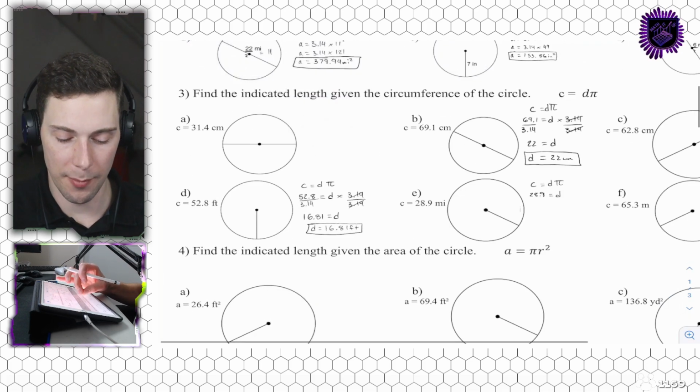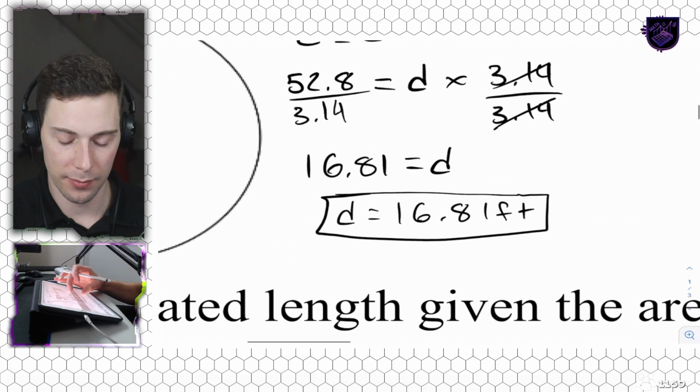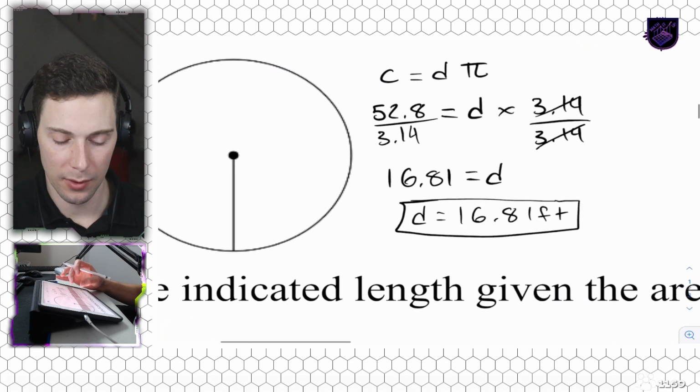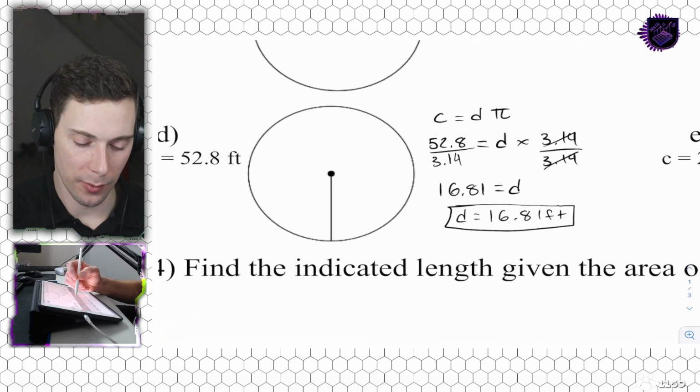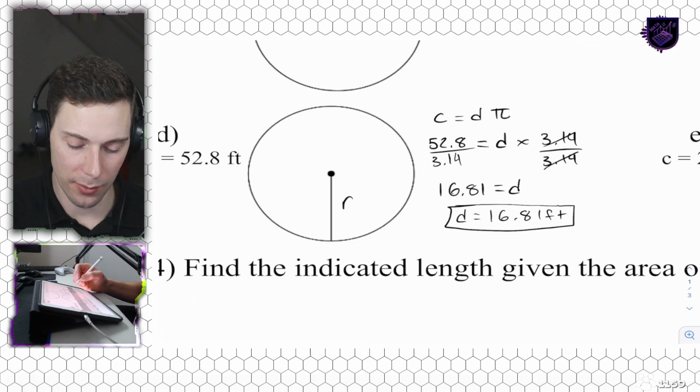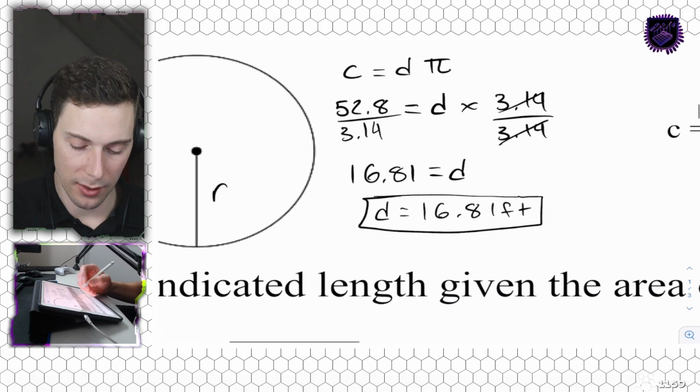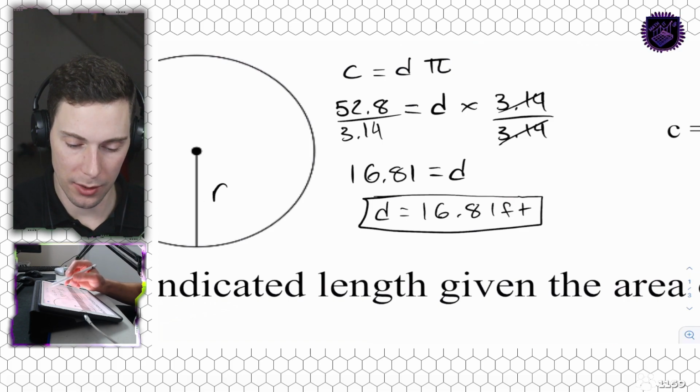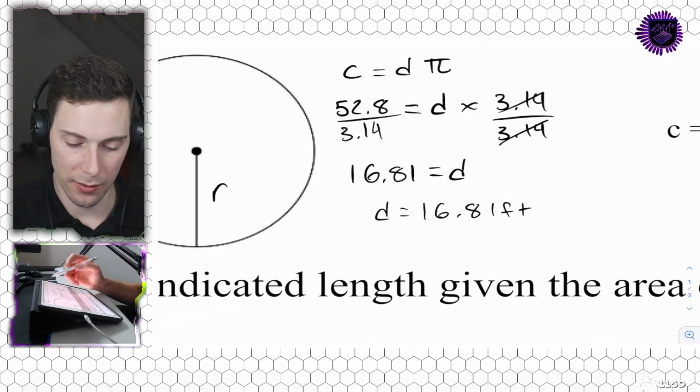Step back here. This is not diameter. We want to find the radius. So we have to divide this.